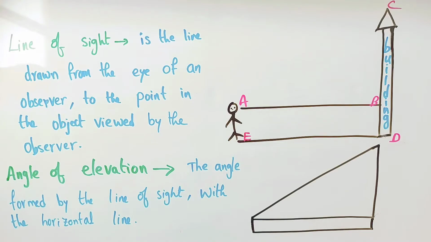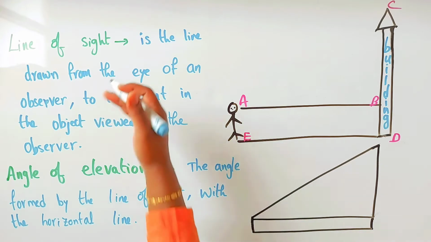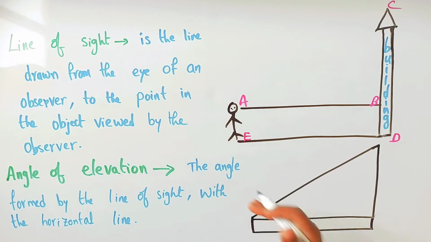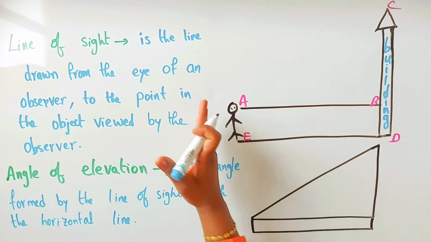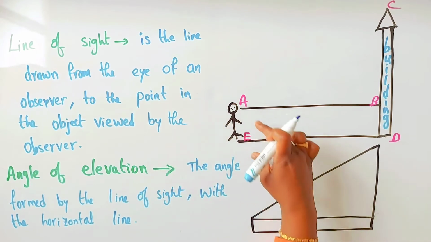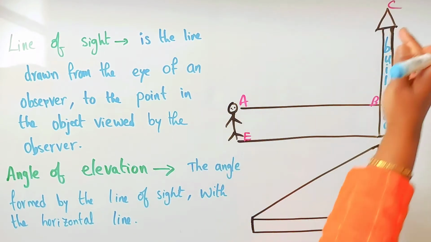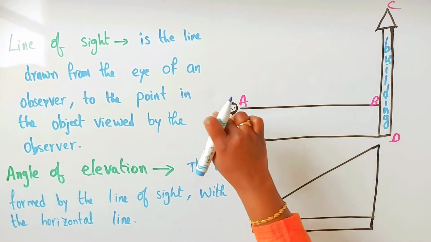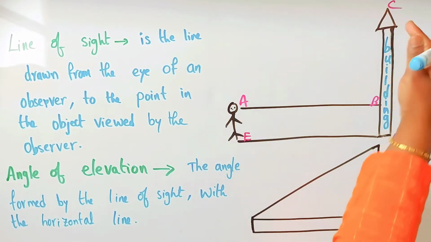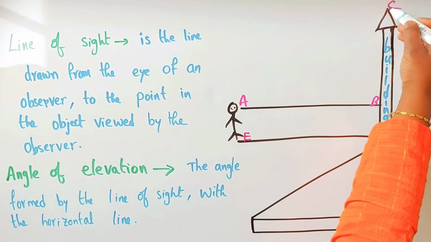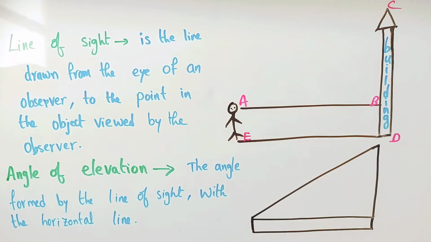Before going into the exercise questions, we have to learn what is line of sight, what is an angle of elevation, and what is an angle of depression, children. Right? Think this is a building, children, and this is a person. So this is the person's height. If you want to watch the top of the building, the tip of this building, how will we watch?